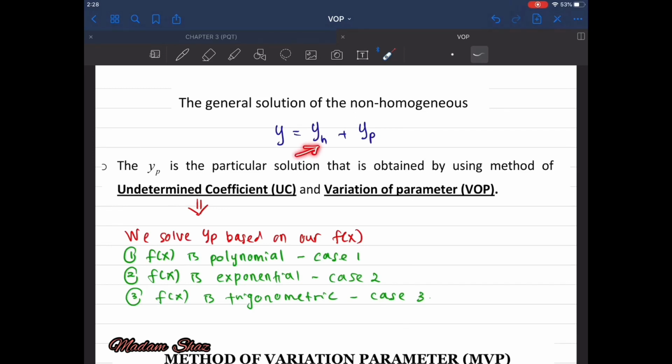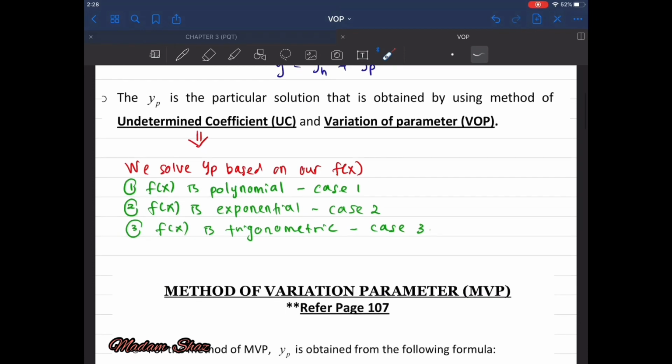Before this, we know that to get the solution for yh, you have to solve the left hand side. Now, how to get the solution for yp? There are two methods: you solve by using UC or VOP. A question will mention whether you have to solve by using UC or VOP.